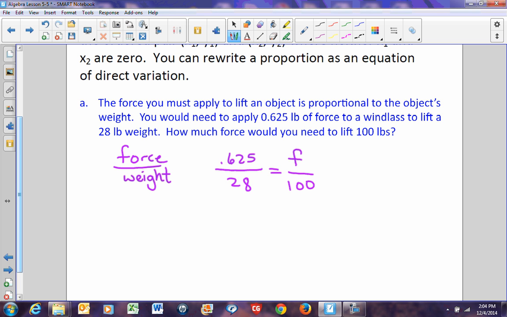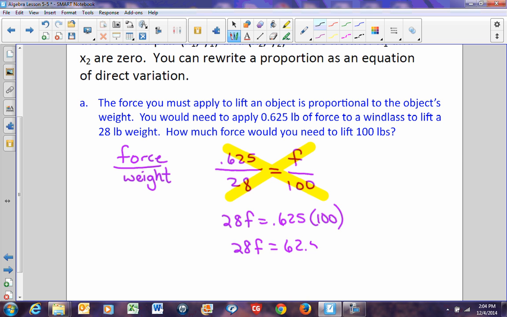All you do is set up a lovely little proportion. It's a direct variation proportion, so to speak. If I put this proportion into play, all I need to do is cross multiply. If you remember, cross multiplying solves your proportions. So if I cross multiply, I have 28 times F, and that's going to equal 0.625 times 100. So 28F equals 62.5.